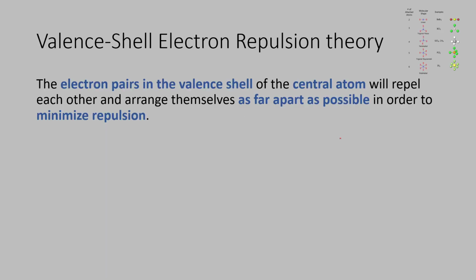Okay, now VSEPR theory. So VSEPR is the valence shell electron pair repulsion theory. Okay, it said that electron pairs in the valence shells of the central atom will repel each other and arrange themselves as far apart as possible in order to minimize repulsion.